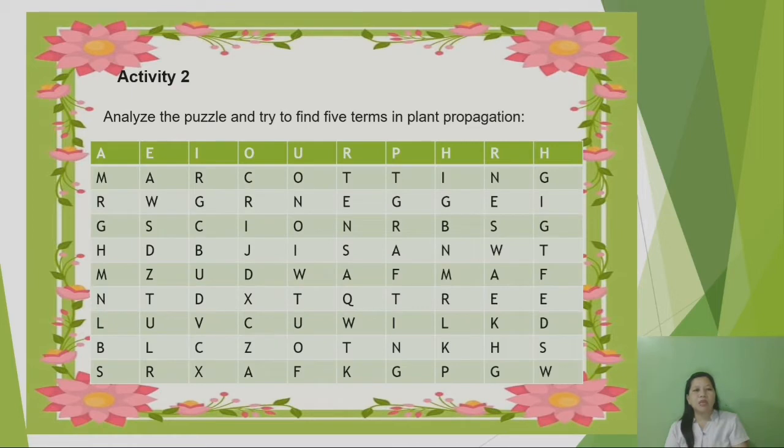Okay, class. Again, answer this activity. Analyze the puzzle and try to find 5 terms in plant propagation.